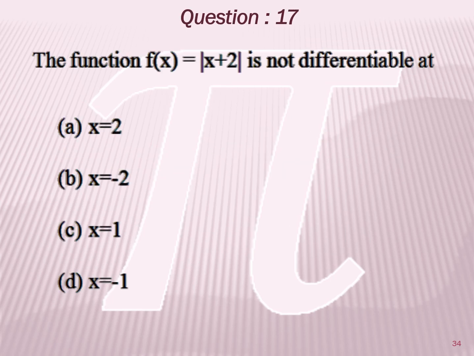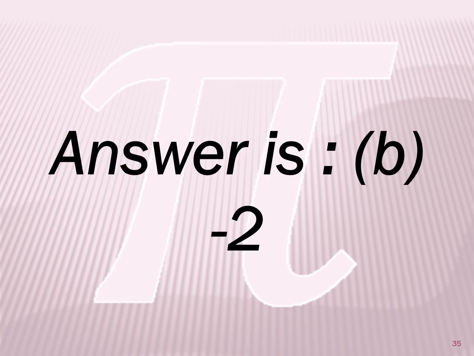Question is the function f(x) is equal to modulus x plus 2 is not differentiable at, all the choices are shown on your screen. Is B, that is minus 2.